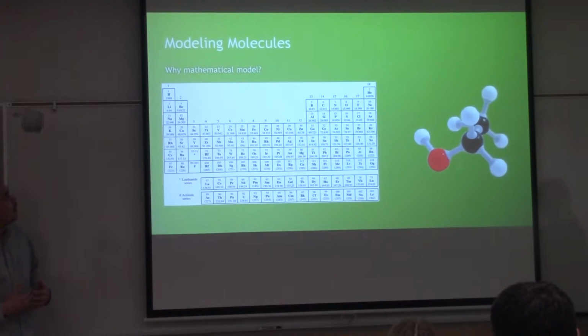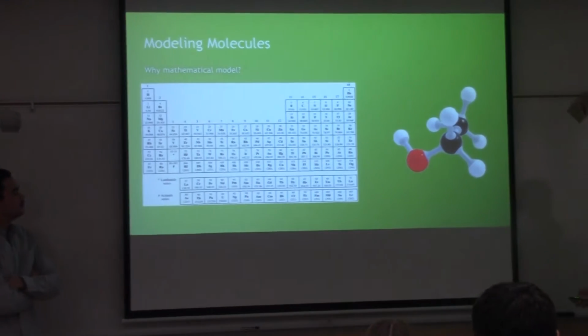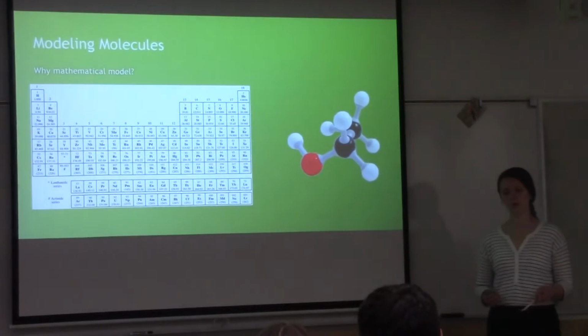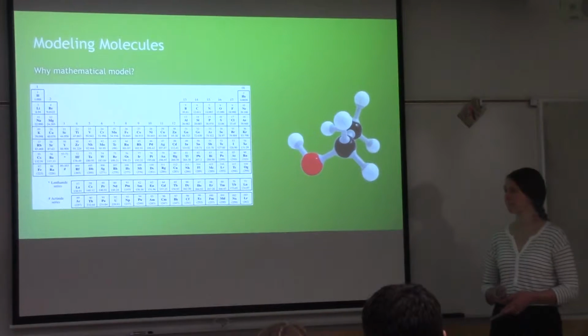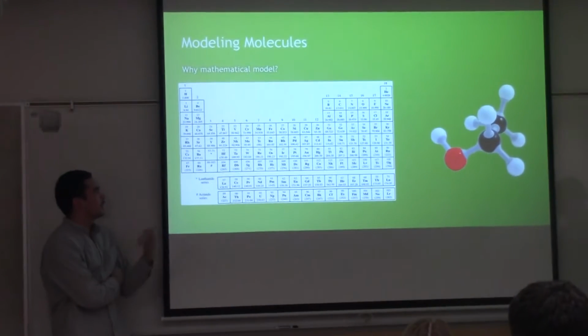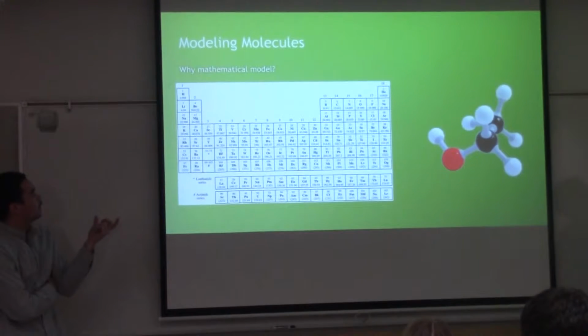And so the model we're trying to develop is one that will help us understand molecules and how their energies within the bonds affect their shapes and their reaction rates and things like that. We're primarily dealing with diatomic molecules, so any two elements we'll take and see how they interact with each other.